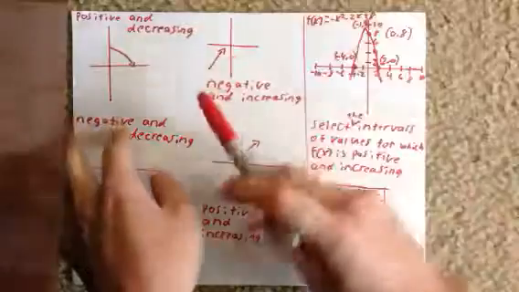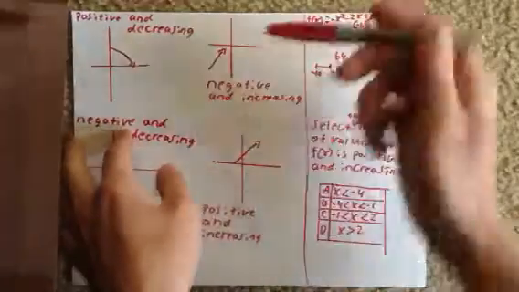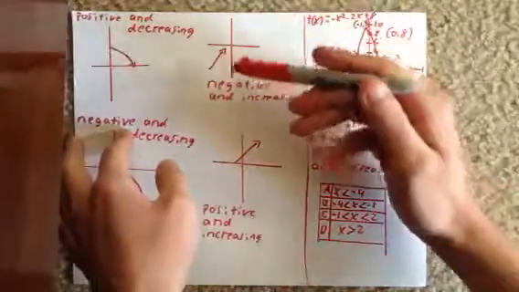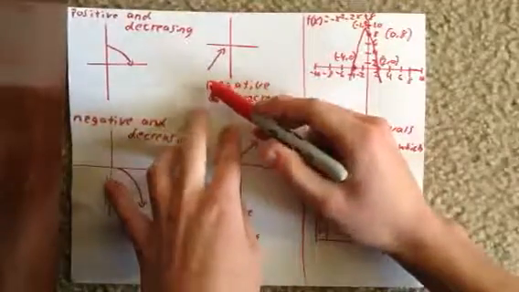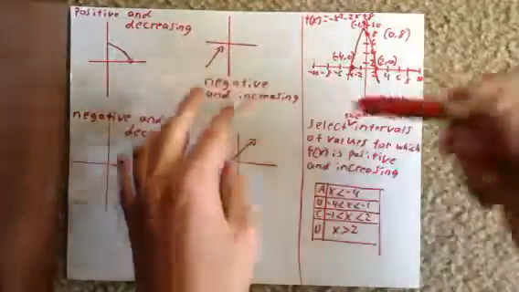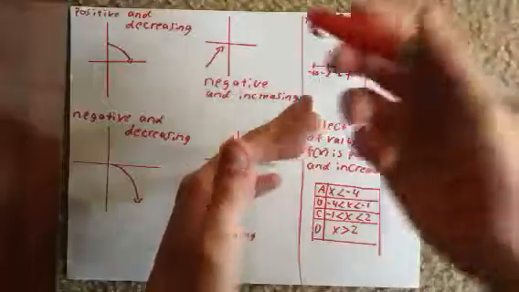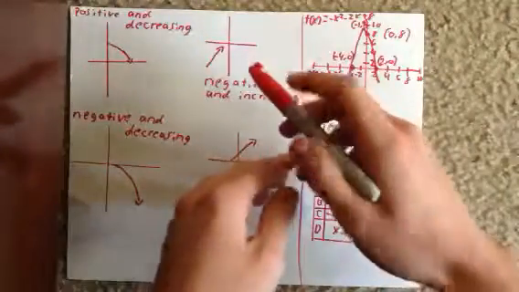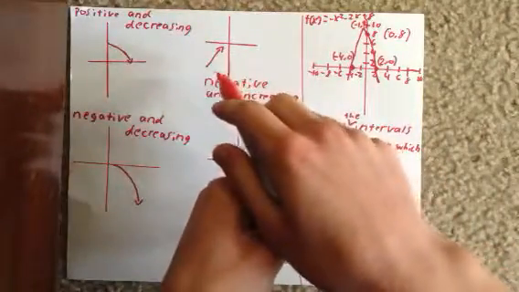The next is negative and increasing. It is below the x-axis, but is going upwards. The y value is getting higher the farther along we go.